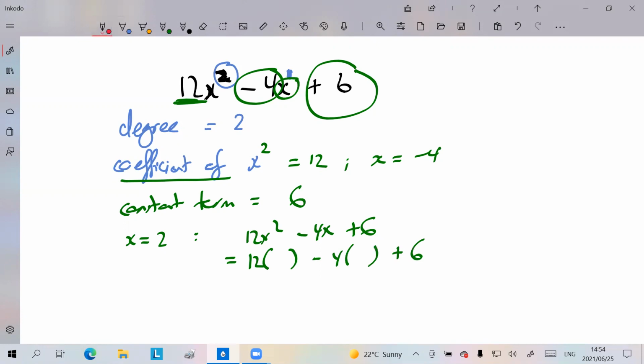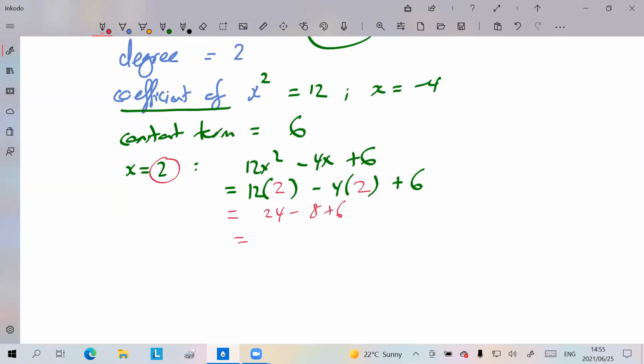In this case, that number is 2. So we put a 2 here, a 2 there. And when we calculate this, 12 times 2 is 24, minus 4 times 2 is 8, plus 6. You end up with 30 minus 8, which is 22.